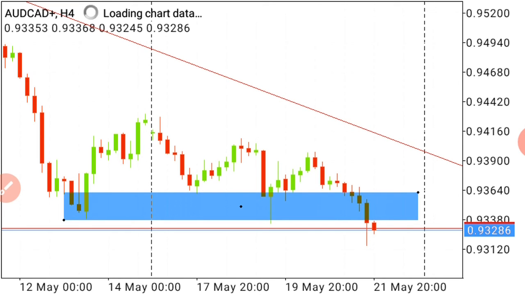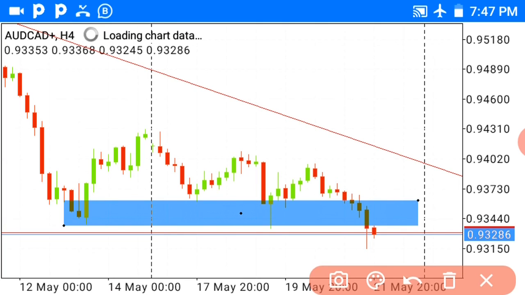What you're going to expect at this level is a retest of that particular zone, which is a retest of this structure, then showing signs of the bears coming back into the market. And of course, you can see the bears are still strongly in control of this market.